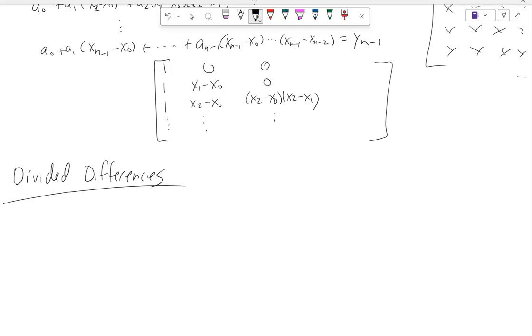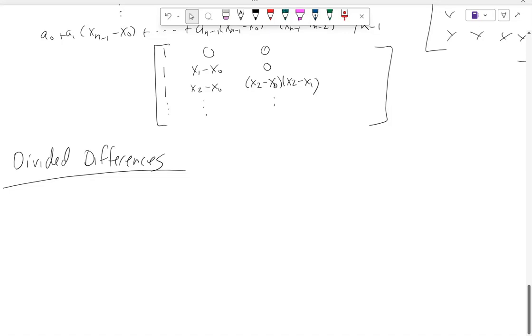There's going to be a nice recursive formula that's going to allow us to figure out the coefficients on our polynomial that we need based on these divided differences. So here's the idea.